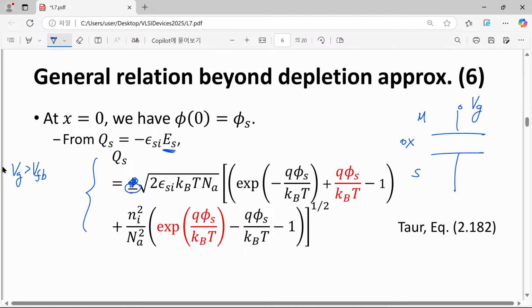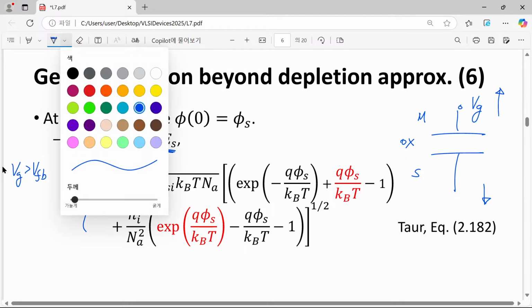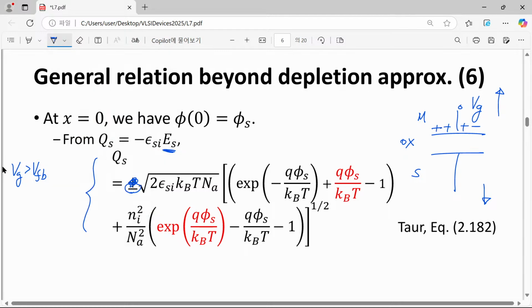This is a relatively high voltage biased, and this is a relatively low voltage biased. So what you can expect is there are collected positive charges, and there should be collected negative charges. So the charge found in the semiconductor region should be negative, and it is consistent with our understanding.